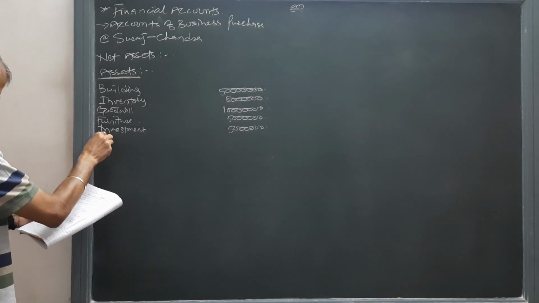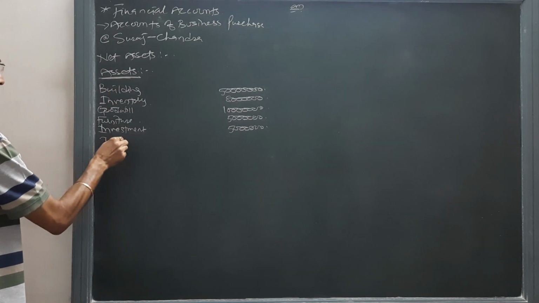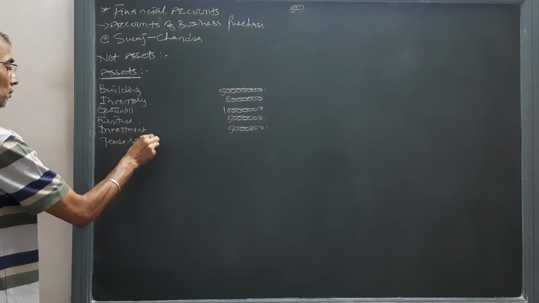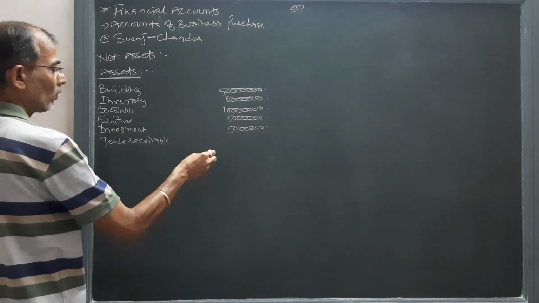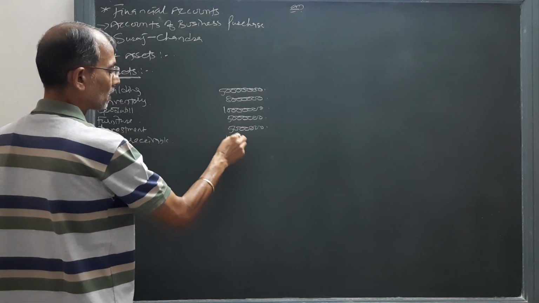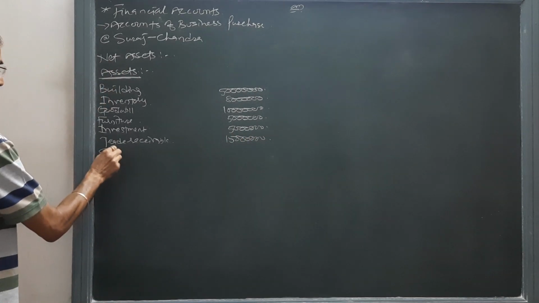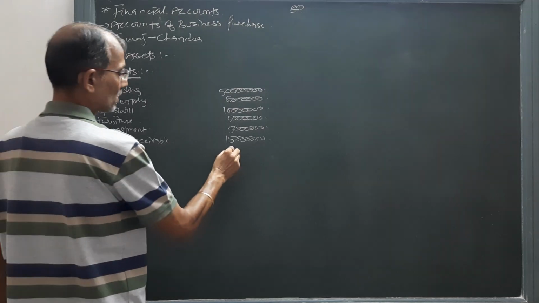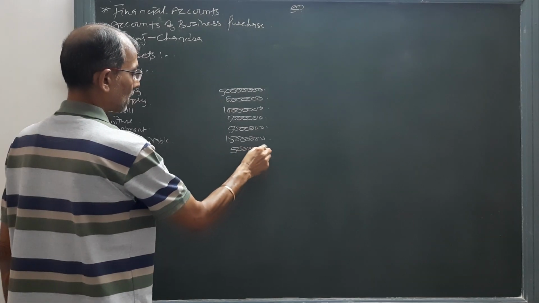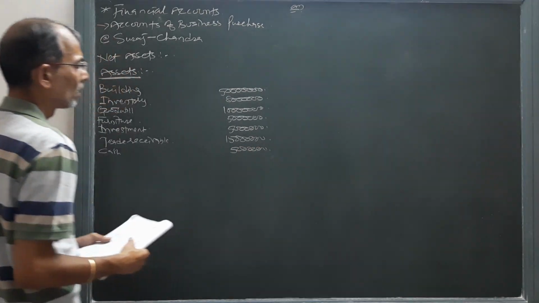And trade receivable 1 crore 50 lakh. Cash, that was 50 lakh.